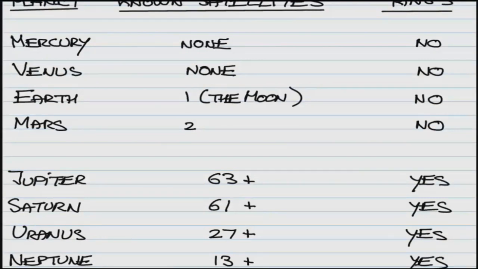Mercury has no satellites. Neither does Venus. We have one, our moon, and it turns out that Mars has two. But the satellites of Mars are very different from our Moon. They're much smaller, and they look to be captured asteroids.